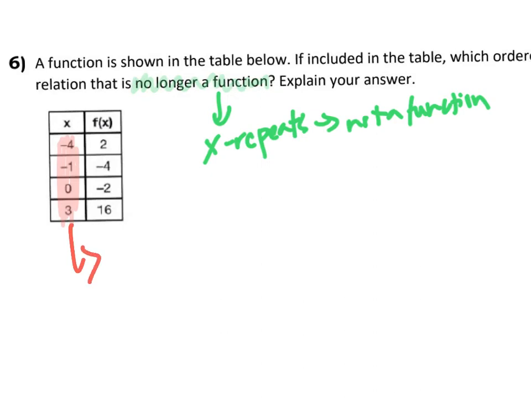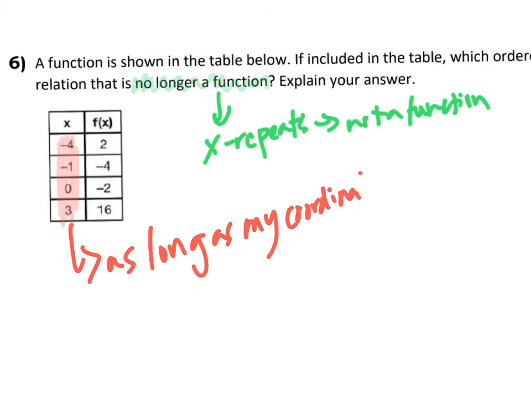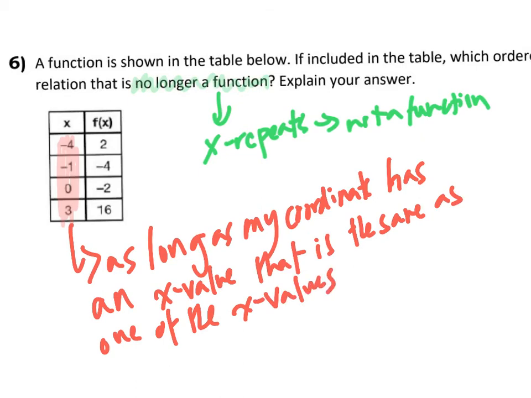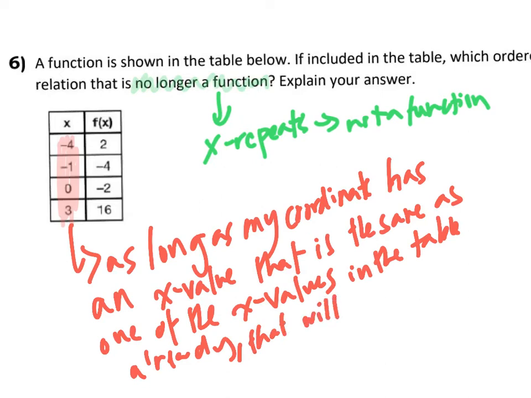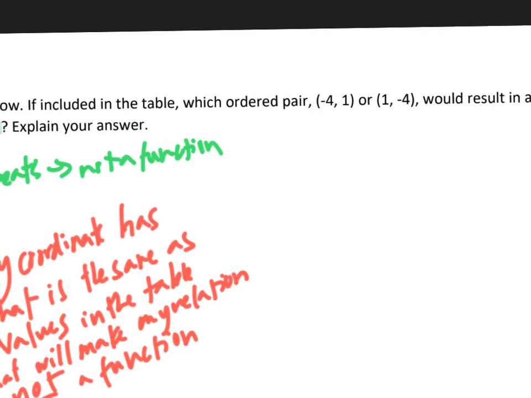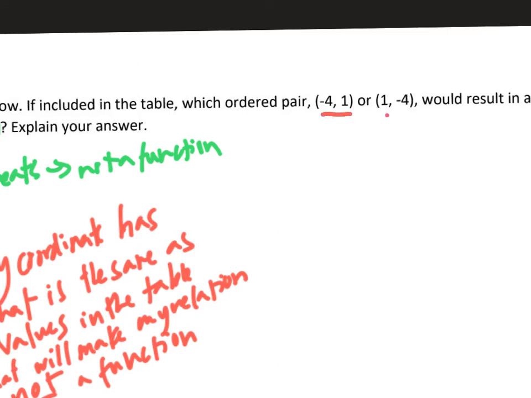As long as the coordinate that I'm going to be adding in has an x value that is the same as one of the x values in the table already, that will make my relation not a function.